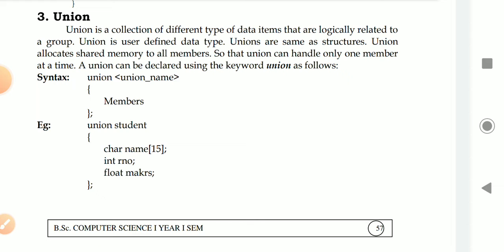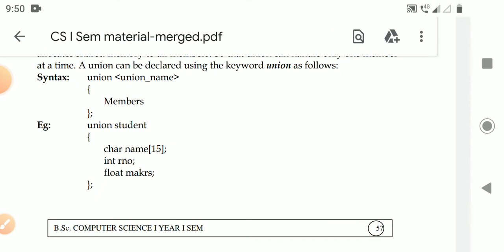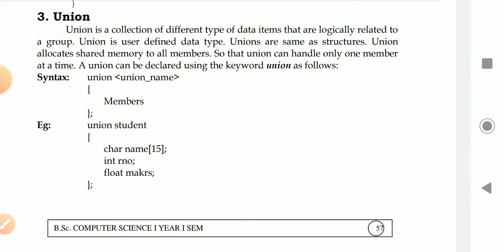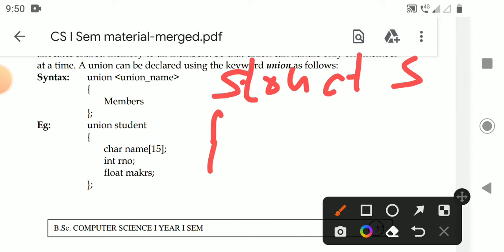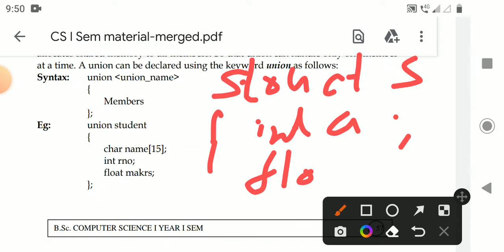Union allocates a shared memory to all the members. That means, for example, if you take a structure, struct S, here have two members, integer A and float B.